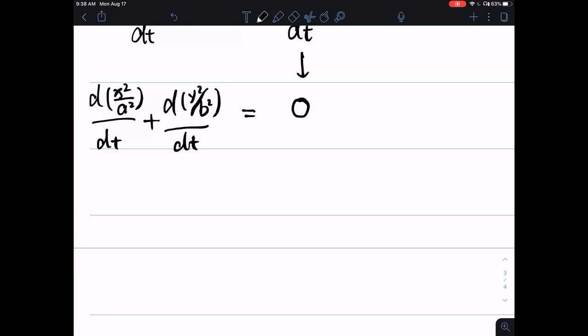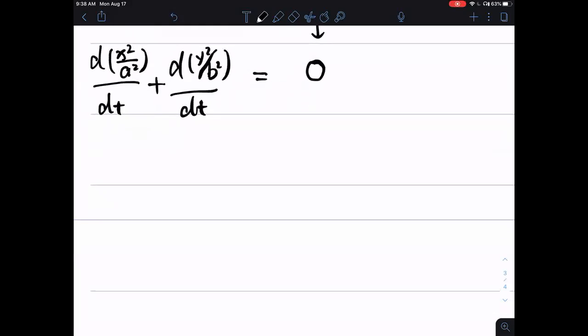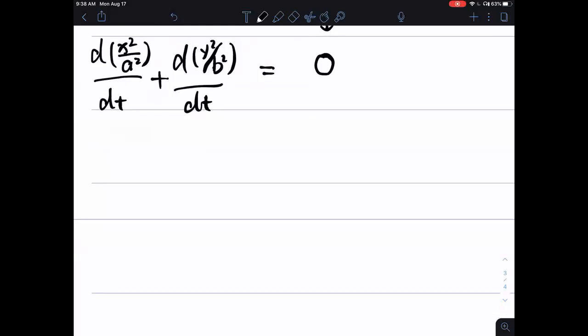Try your best to see if you can get the time derivative of this expression. Okay, I will write my answer here.